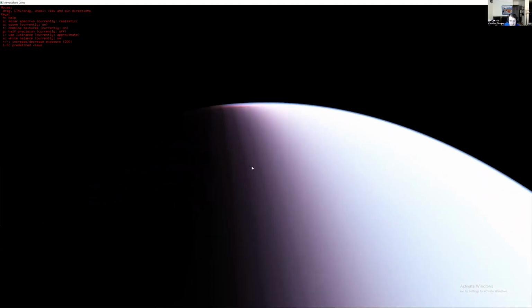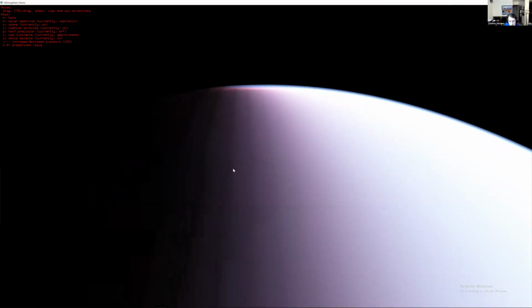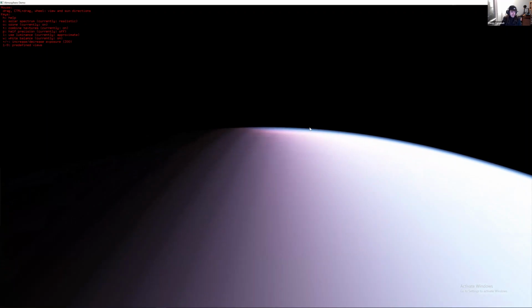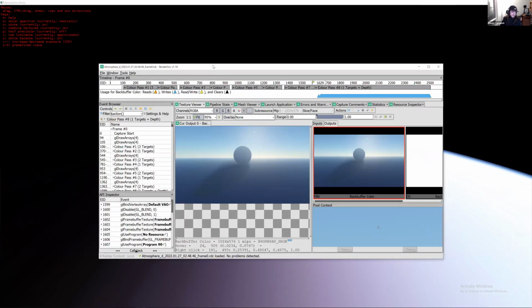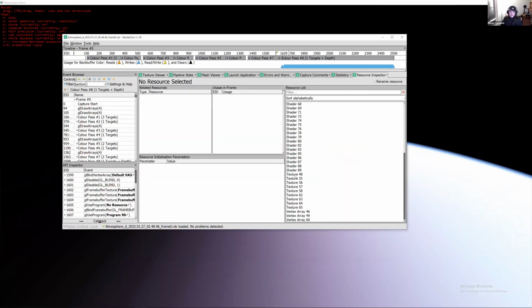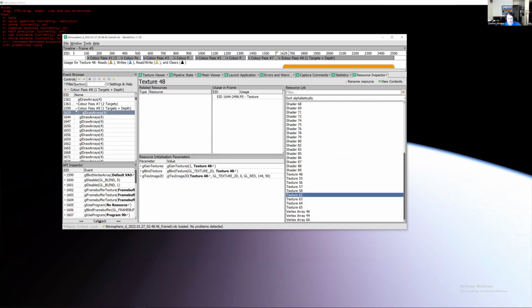I just noticed the banding going on here. I wonder if you need to triple or quadruple the size of your four-dimensional table to get rid of it. I didn't mention that, but it's worth mentioning in the original paper, these tables are quite small. I imagine you could get pretty good results with making them bigger, but the transmittance one is only 64 by 256. It's pretty small. I did some back of the napkin math and found one of the 4D tables to be only about a megabyte after pre-computing.